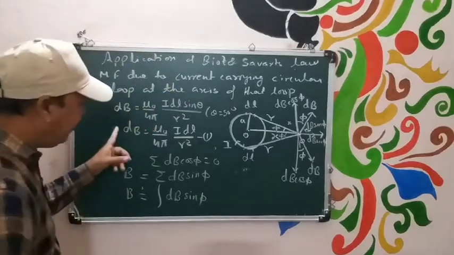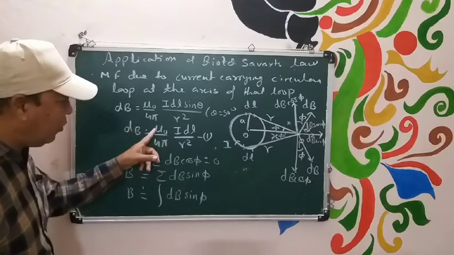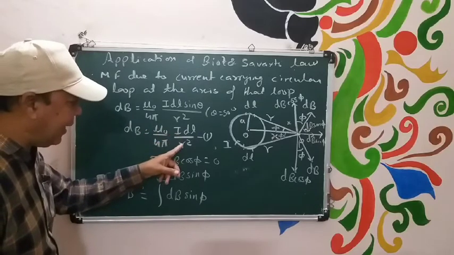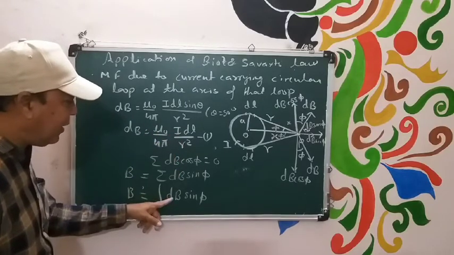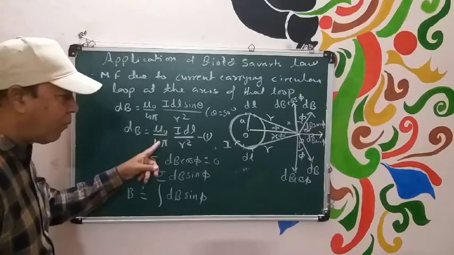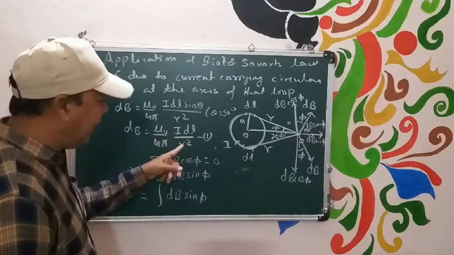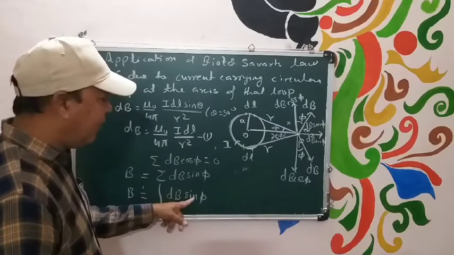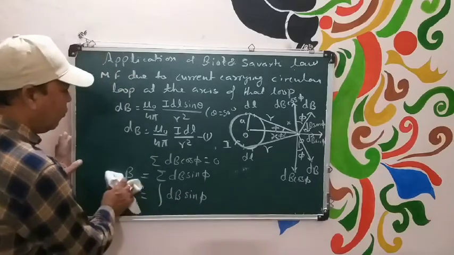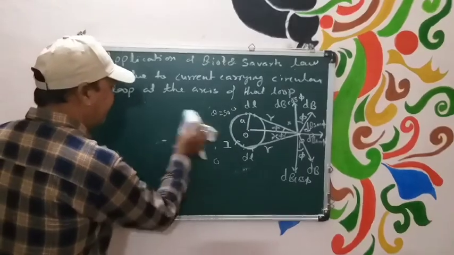So, and dB, what I have written? dB is equal to mu naught upon 4 pi I dl by r square. So we may replace dB by this formula, mu naught upon 4 pi I dl by r square. Obviously sin phi is constant. So now what we will get?